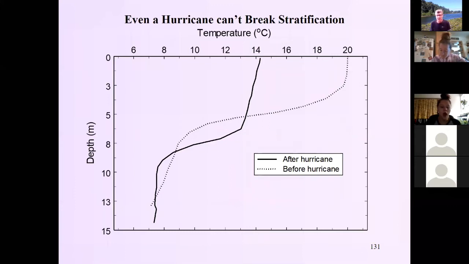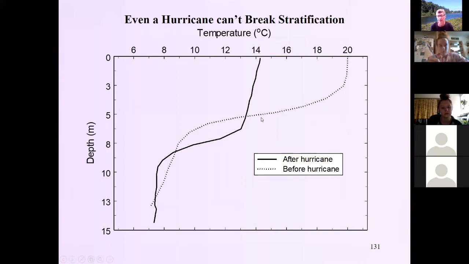So I mentioned that the thermal stratification is pretty difficult to break. This is Lindley Pond on the east coast of the United States. It was one that G. Evelyn Hutchinson studied, who we saw in the biography in the very first chapter. Before there was this hurricane, there was a stratified, fairly deep pond.